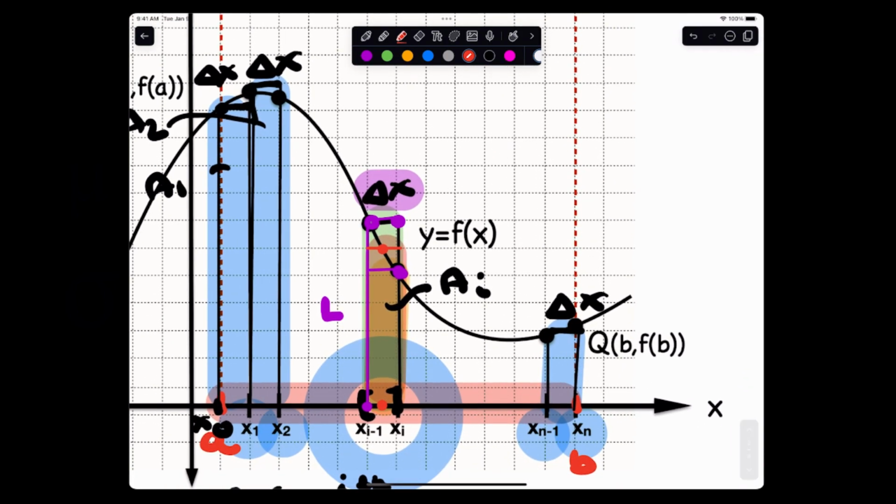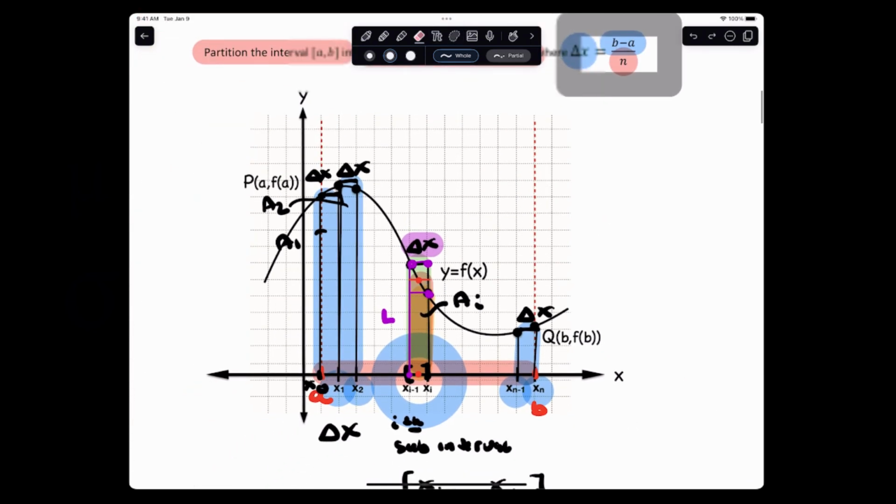All right, so how do you get the length? To write this in general, your length is f of the x value, because it's on the curve.